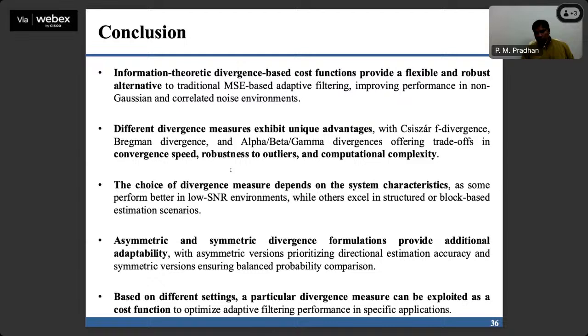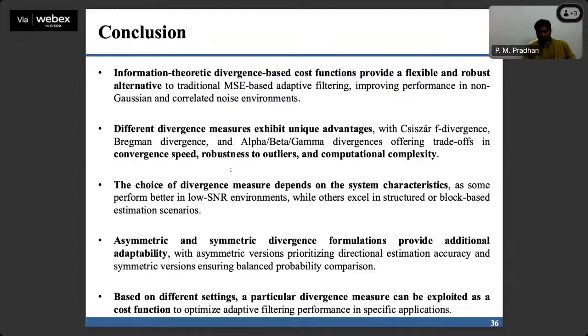So all those challenges are faced when we use mean square error as cost functions. So we replace these mean square error based cost functions by information theoretic divergence based cost functions, and we saw that these are very robust to outliers. These are also performing well in terms of non-Gaussian noise, in terms of correlated noise environments.